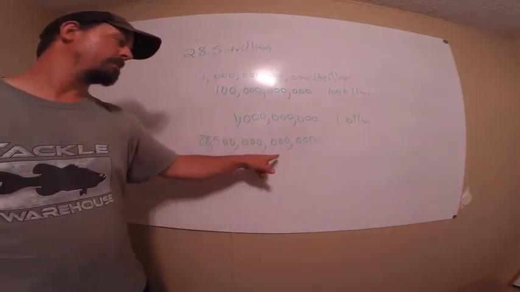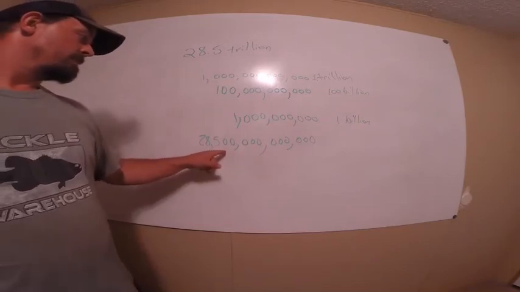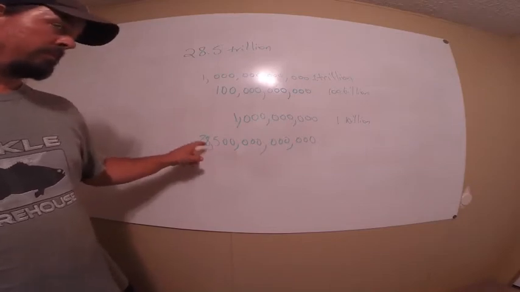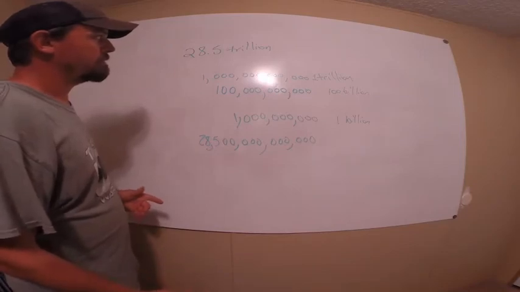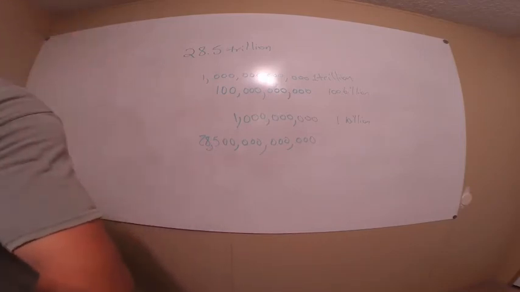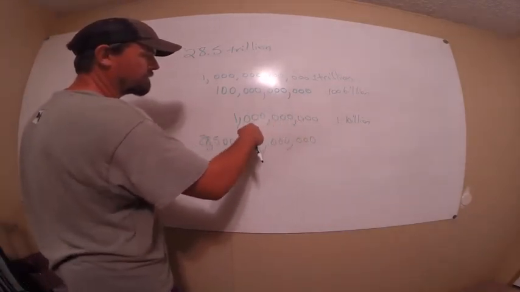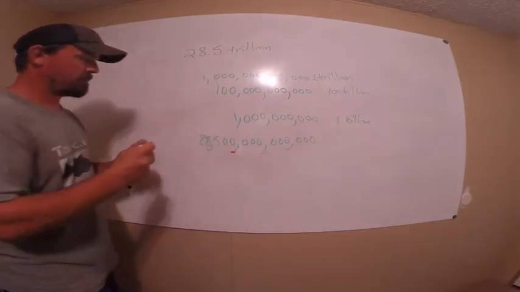Because hundreds, 100,000s, 100 millions, billions, 100 billions, trillions. So, how many billions is 28.5 trillions? Well, the billions is after 1, 2, 3 sets of zeros.